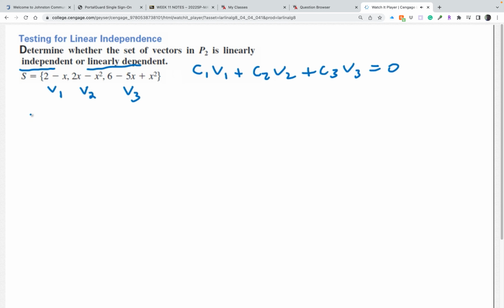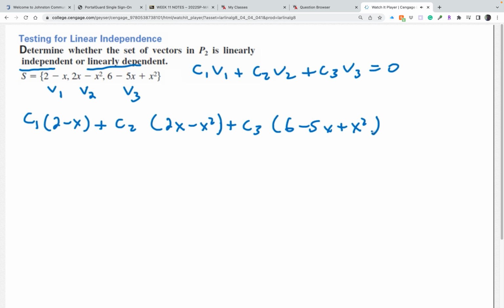So we'll take c sub 1 times v sub 1, 2 minus x, plus c sub 2 times v sub 2, 2x minus x squared, plus c sub 3 times v sub 3, 6 minus 5x plus x squared, and that will have to be equal to 0. When we expand this, c sub 1 times 2 minus x gives 2 c sub 1 minus c sub 1 x.